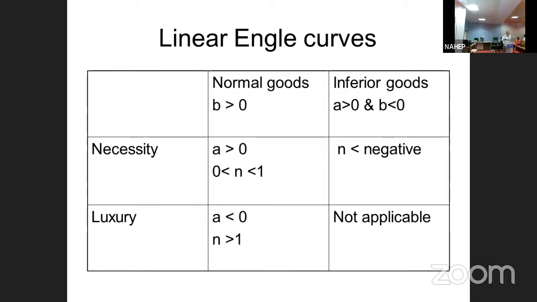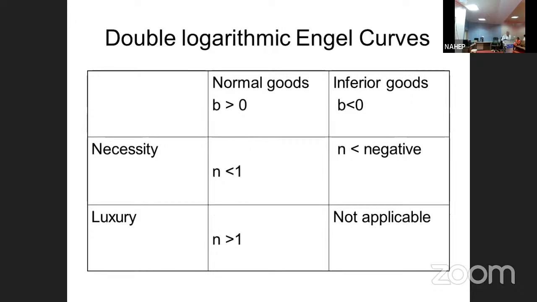Why is this important? Once you are interpreting the elasticity, that time you require this knowledge, whether the good is necessary or the good is luxury. Similarly, in the double log function, if elasticity is less than 1, we say normal goods. If elasticity is negative, we say inferior goods. We say luxury goods if the elasticity is elastic.